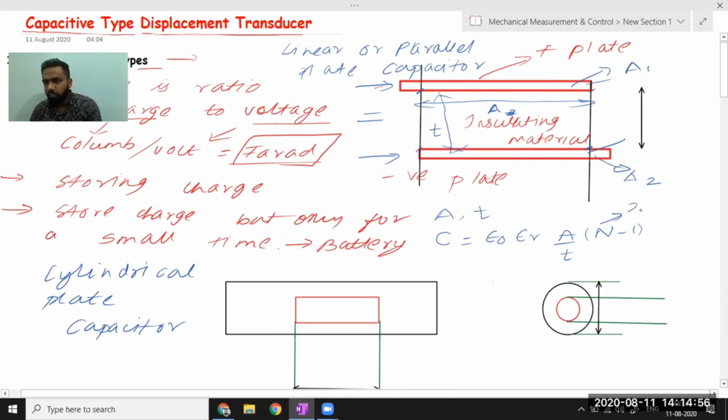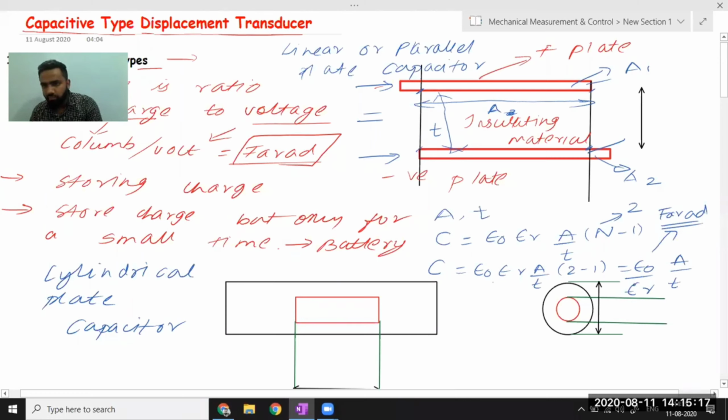So if the number of plates is 2, the capacitance will be equal to epsilon naught epsilon r A by T into 2 minus 1. So this will automatically be epsilon naught epsilon r A by T. And since this is a capacitance, this is measured in farad.